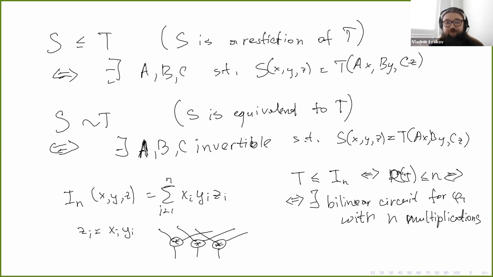So now we have a notion of complexity and the notion of reduction. And the most important bilinear map, which we actually want to compute, is matrix multiplication. Let's denote it by M_{L,M,N}.